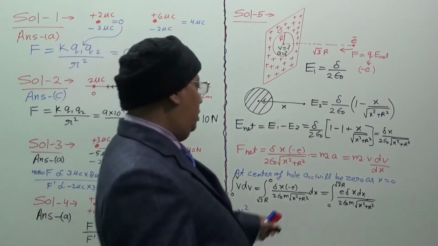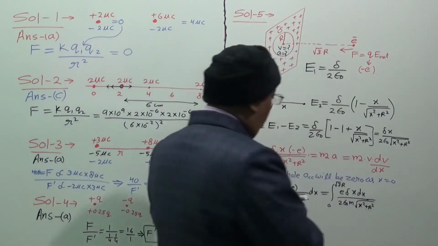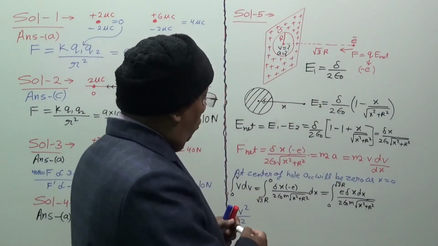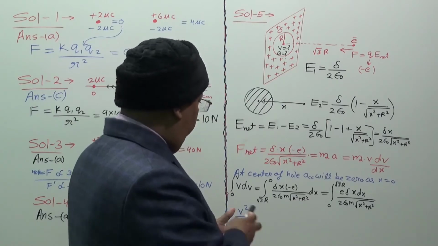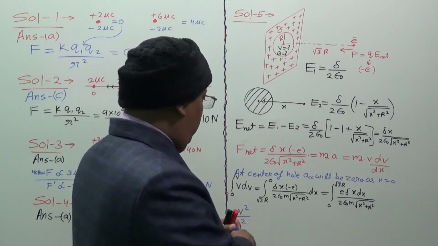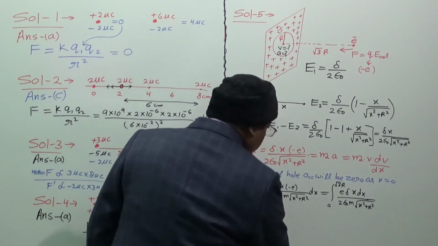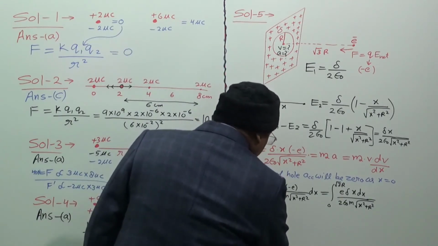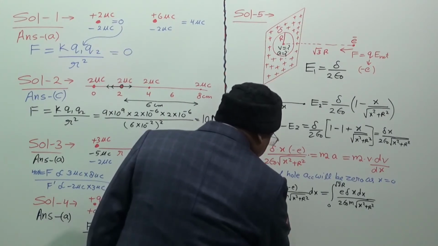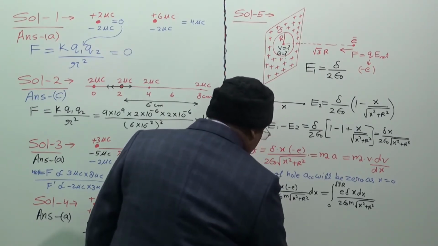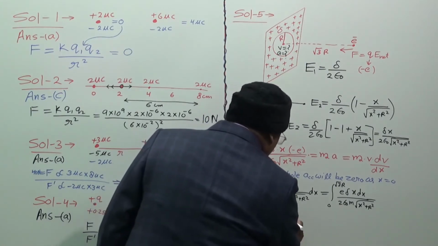When you solve it, you get only r. Thus, you will get e small sigma r by 2 epsilon naught m. 2 will cancel out.